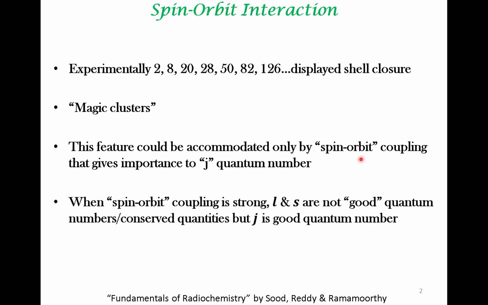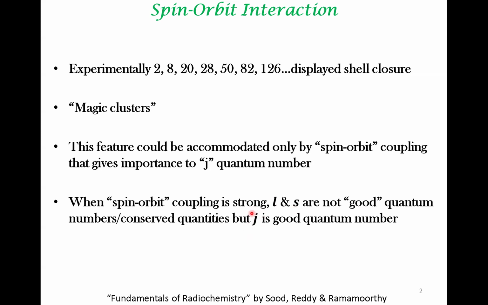It is important to understand that when this coupling is strong, L and S are not good quantum numbers because they are not individually conserved, right? When we say quantum numbers, it is a scalar that specifies a conserved quantity. That's what we mean by a good quantum number. But overall, J is a conserved quantity. That is, J is obtained via L and S in some manner.